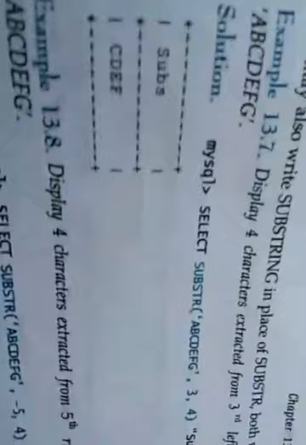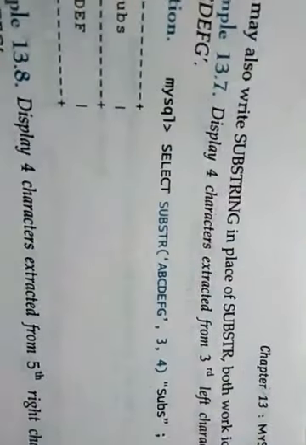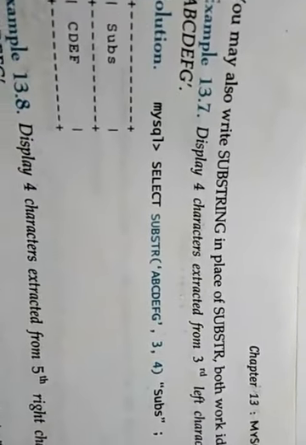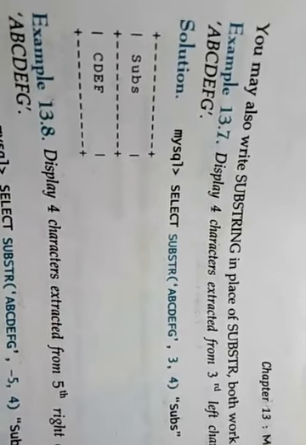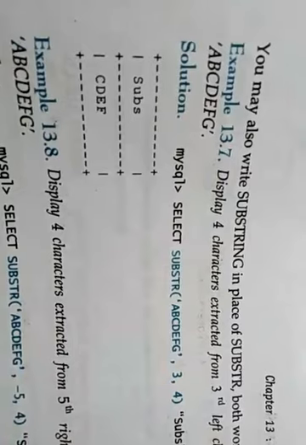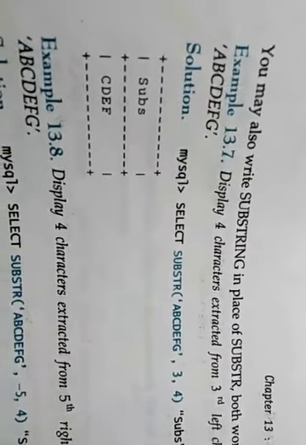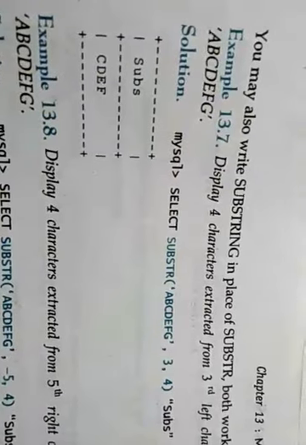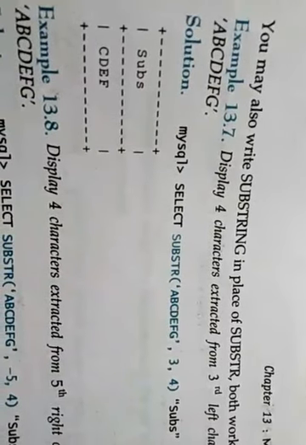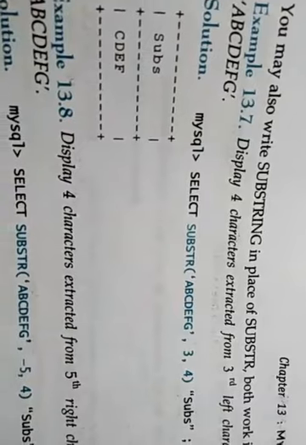SELECT SUBSTR('ABCDEFG', 3, 4). The starting position is 3, and we require 4 characters from this string. The answer is CDEF. The first character of a string has position 1.